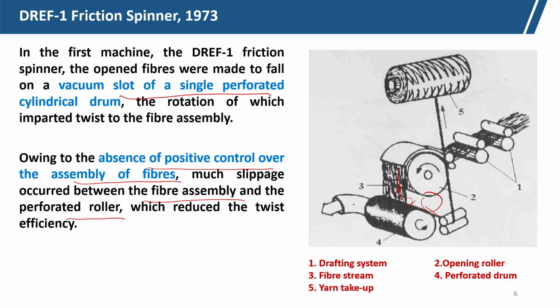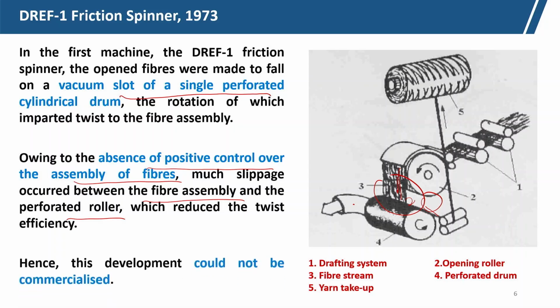As there was much slippage, that was the problem. So, twist efficiency was very poor, and Dref 1 could not be commercialized.